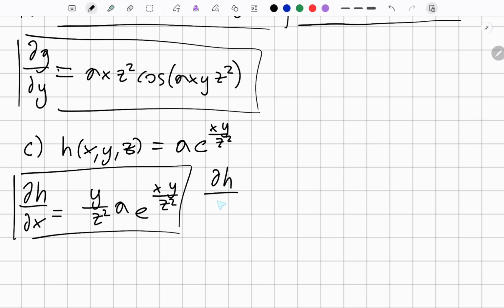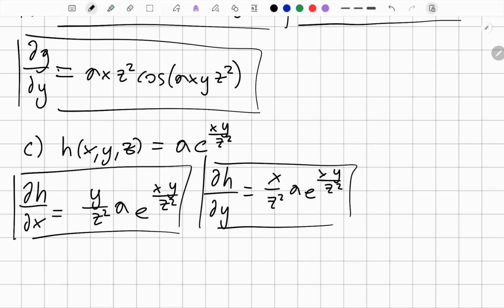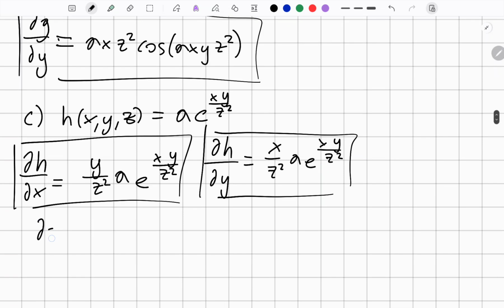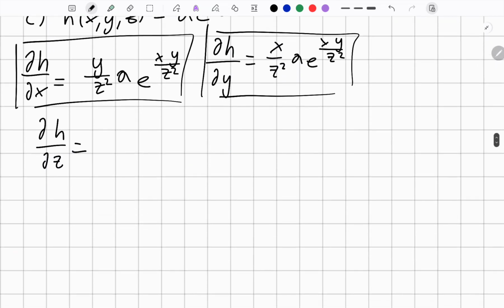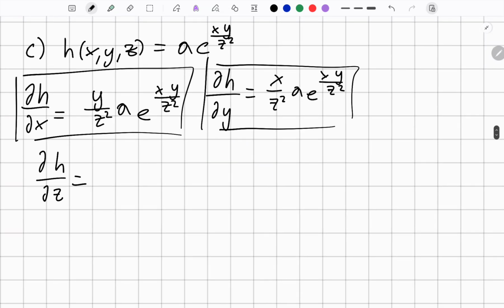We have, with respect to y, it's going to look very similar. x over z squared, a e to the xy over z squared. And with respect to z, keep doing that. With respect to z, we're going to have the derivative of that portion there.